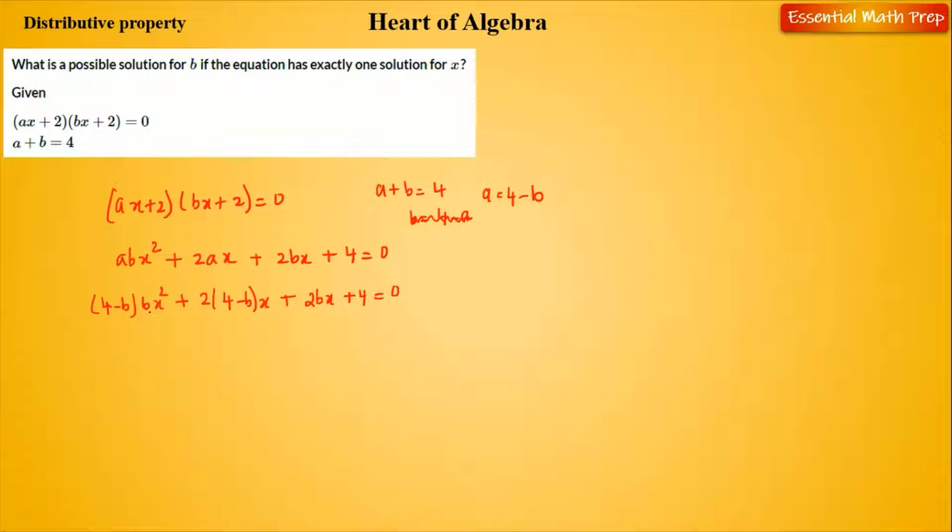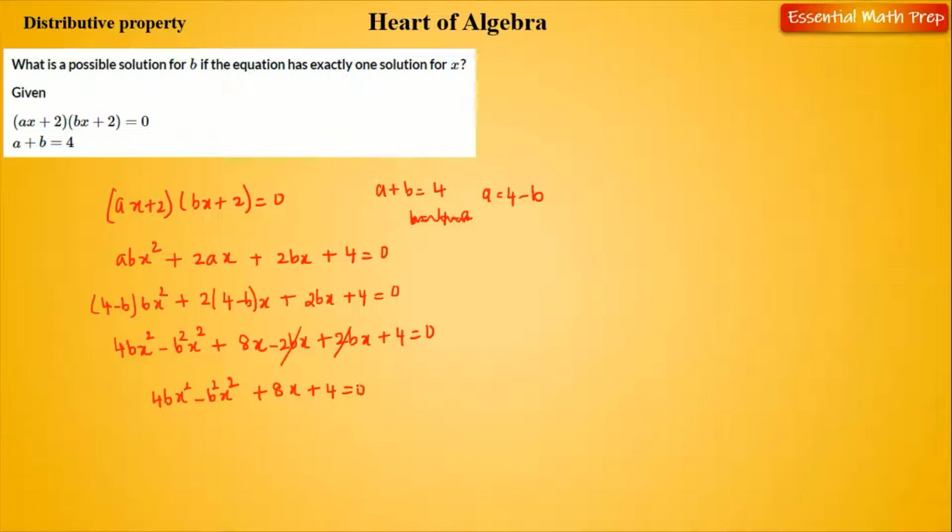So we have 4bx squared minus b squared x squared, plus 2 times 4 times x, so that's 8x. 2 times minus b times x is negative 2bx, plus 2bx plus 4 equals 0. So these two cancel out, which leaves us with 4bx squared minus b squared x squared plus 8x plus 4 equals 0.